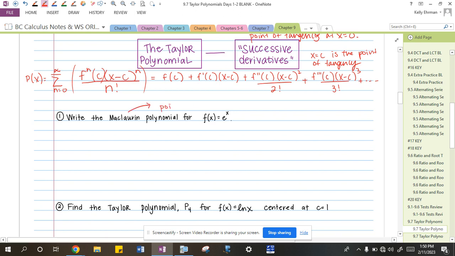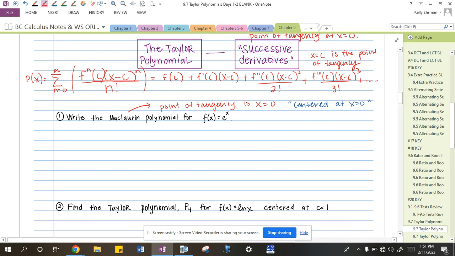When I say that the point of tangency is, in this case for Maclaurin, x equals 0, another way to say that, instead of always saying point of tangency, we use the phrase centered. The polynomial is centered at x equals 0. So that point of tangency is sort of the center, and then we imagine that the polynomial from there goes in both directions and strays from the function to some degree.